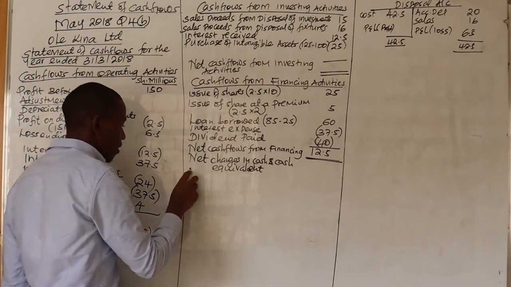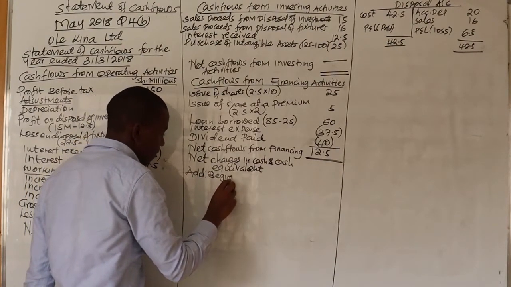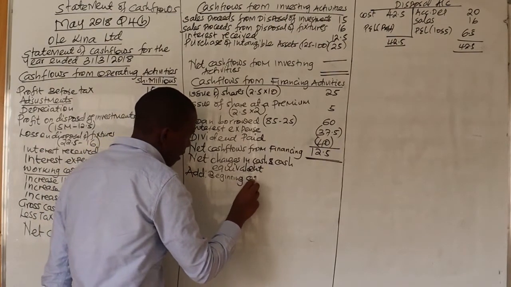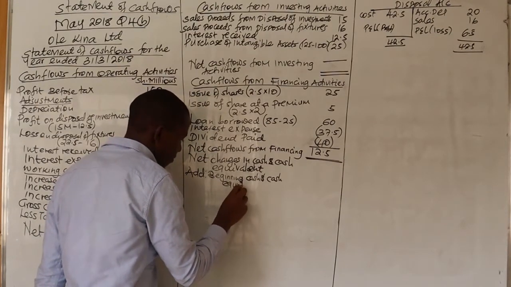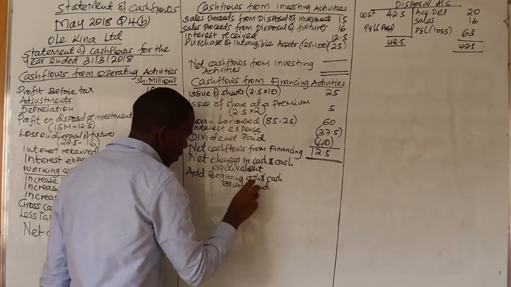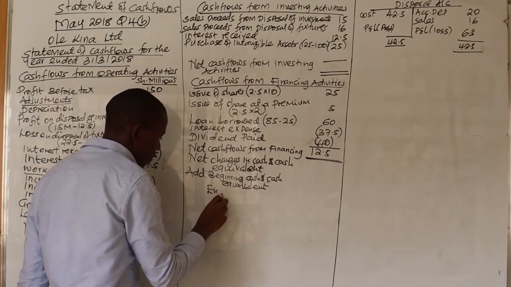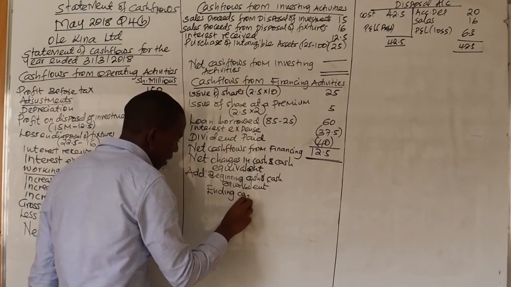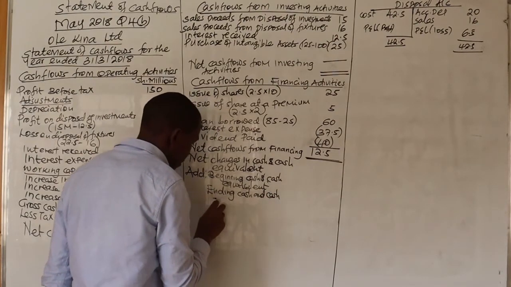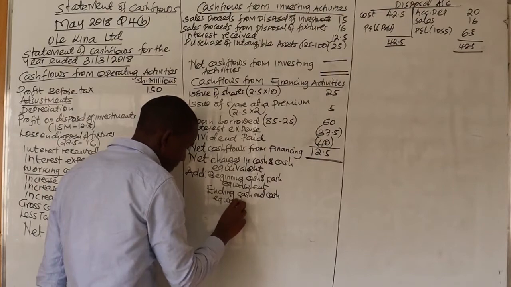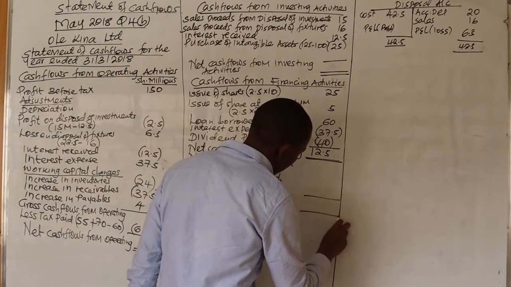And then from there, we'll be required to add the beginning cash and cash equivalent, which now will give us the what? The ending cash and cash equivalent.